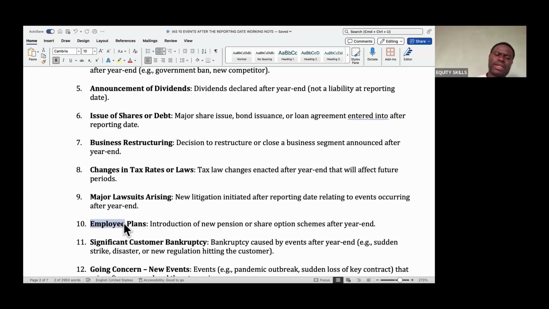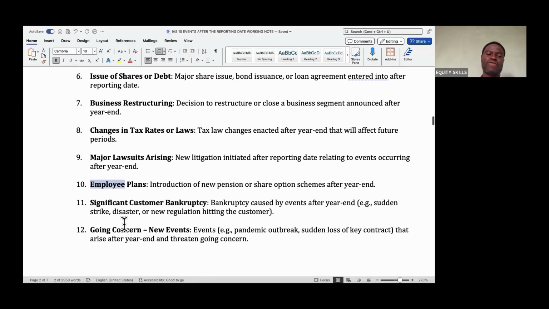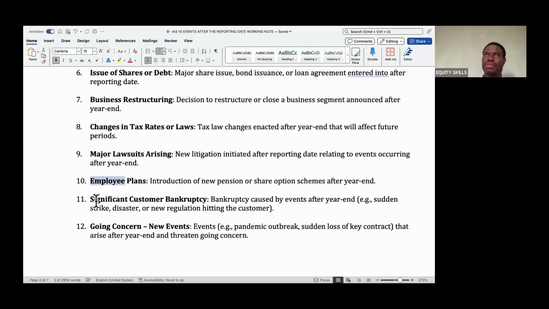Or a customer has gone bankrupt, but this one is as a result of a sudden event, as a result of a disaster that happened to that customer, or as a result of a regulation that is affecting that customer. As a result of that, he had to go bankrupt. It was a new transaction or event that happened.